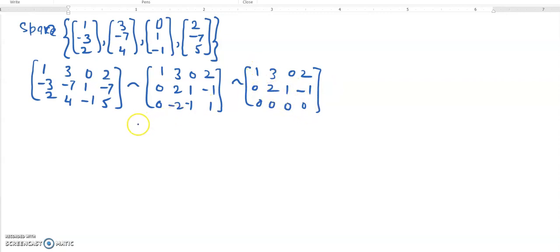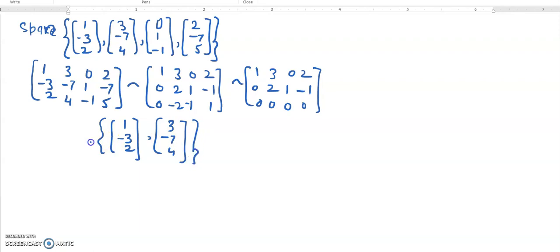For this echelon form, the corresponding first two columns in the original matrix are the basis. So the basis in this case is the set of these two vectors, (1, -3, 2) and (3, -7, 4).